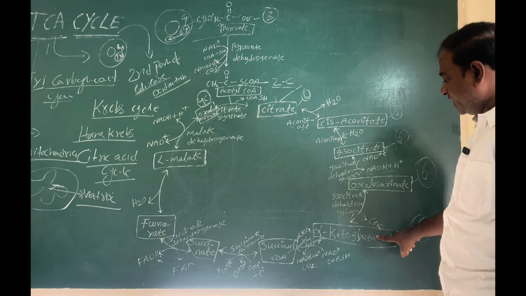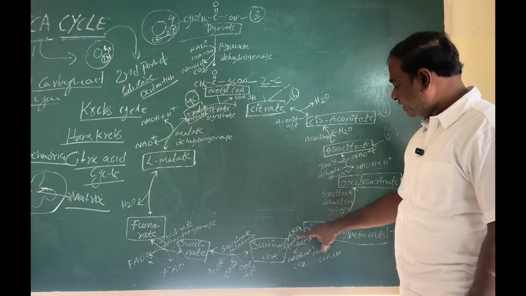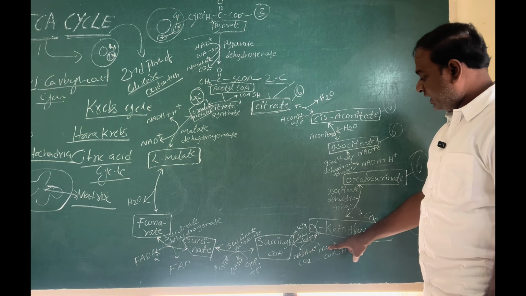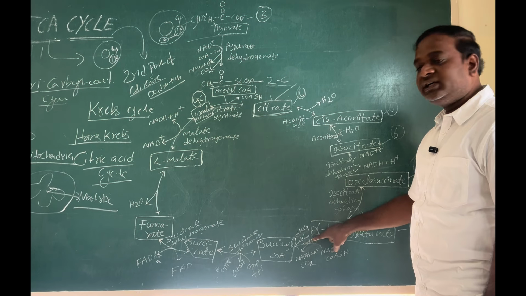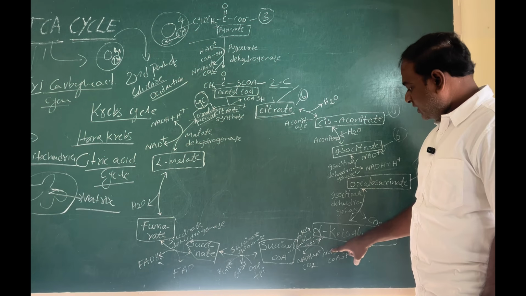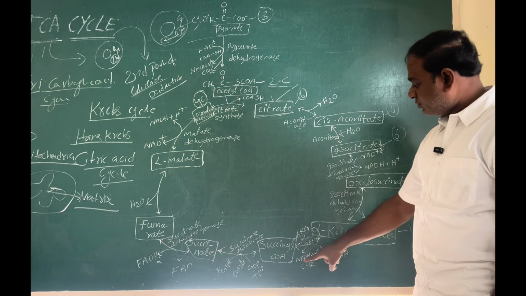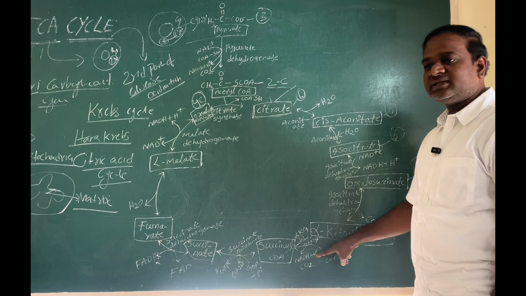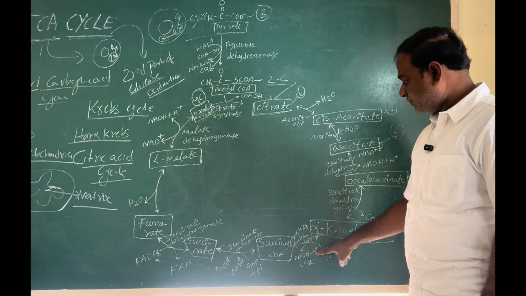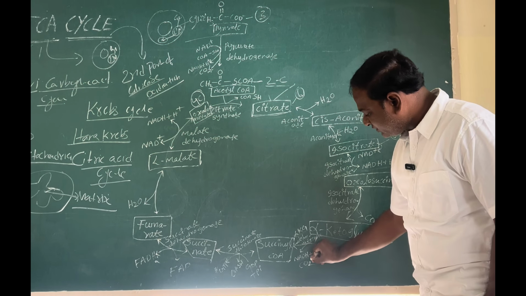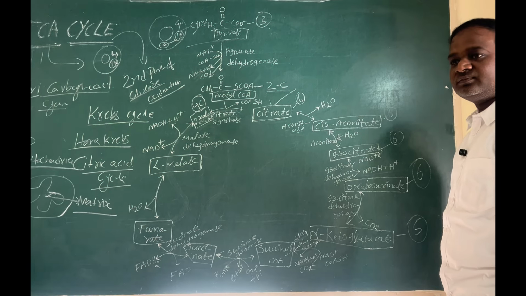Alpha ketoglutarate, in the presence of the enzyme alpha ketoglutarate dehydrogenase, where again we have a dehydrogenase, NAD takes 2 hydrogens from alpha ketoglutarate and forms NADH plus H plus. And here again there is a removal of CO2.